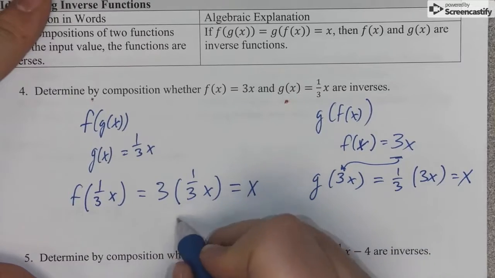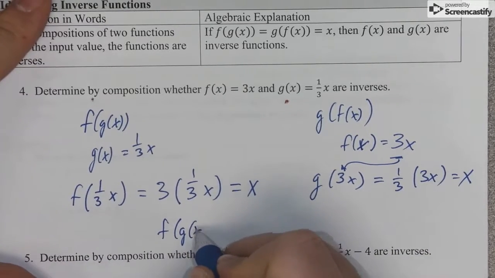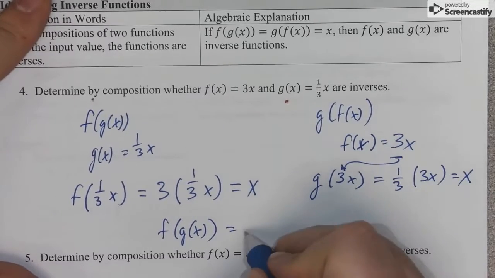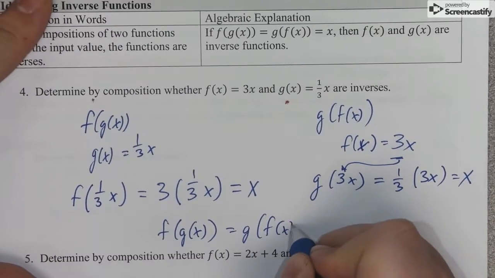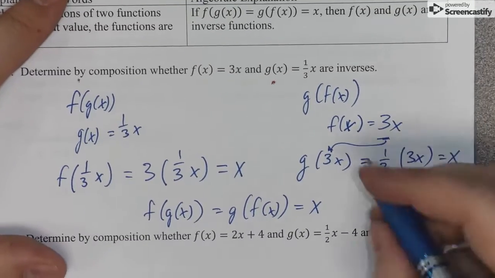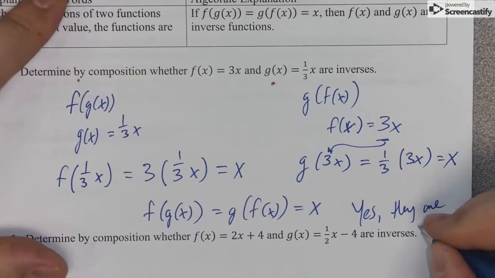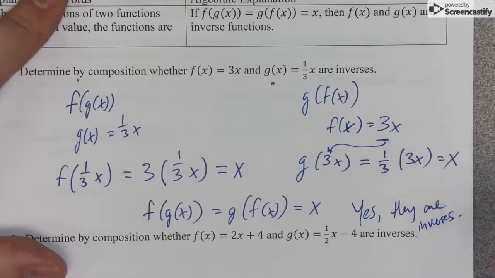So what this says is that f of g of x equals g of f of x, which equals x. So we would say, yes, they are inverses.